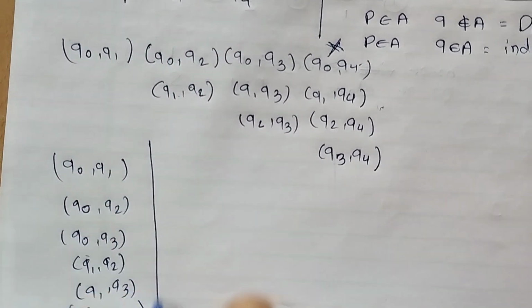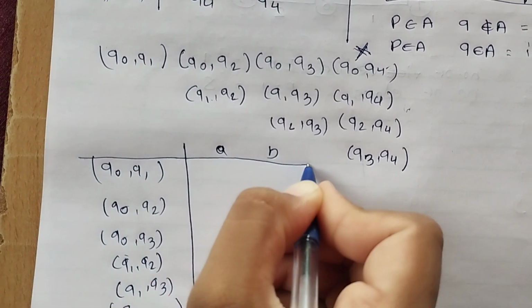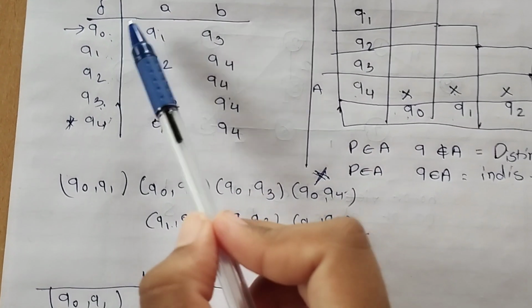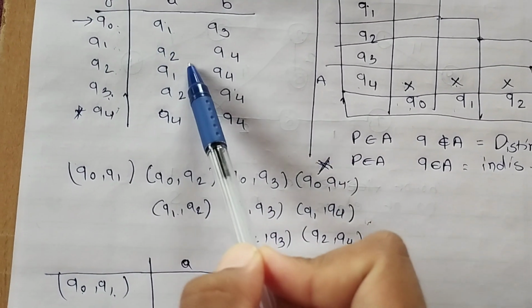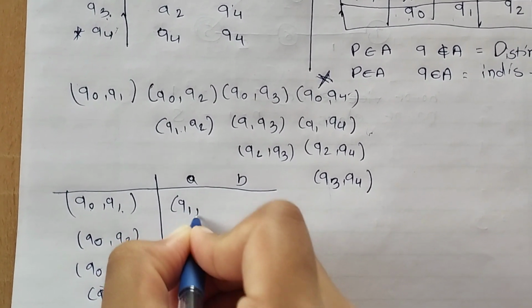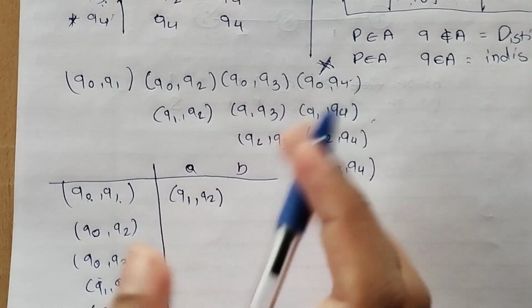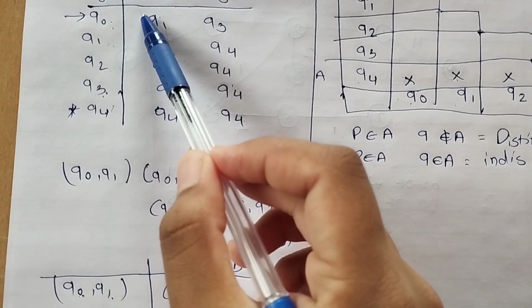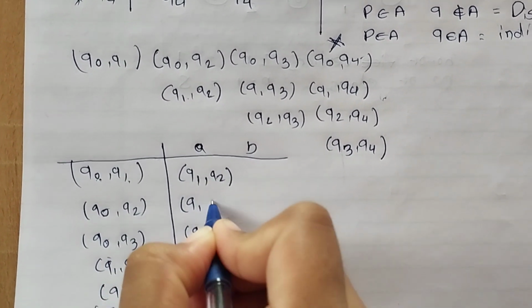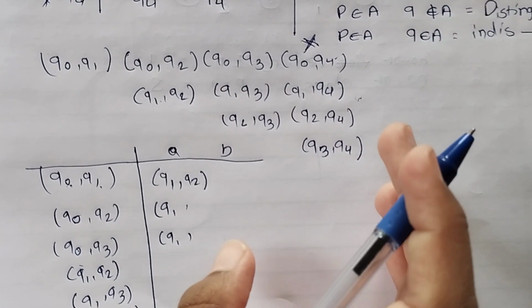Now again the same procedure: consider A, consider B and see the transitions. So Q0 and Q1 read A in Q1 and Q2. Q0 always reads A in Q1, so quickly we write Q1, Q1, Q1, because in the exam we must solve the example quickly as time is limited.